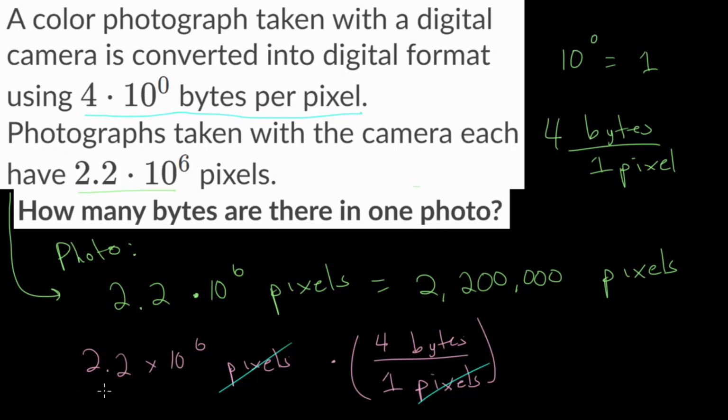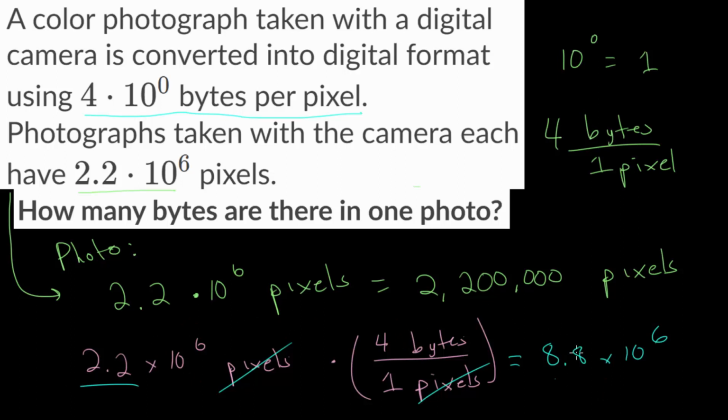Now, at this point, we just carry out our multiplication. We're really multiplying fractions, so if you want, you could put this all over 1. But we just multiply straight across. We do 2.2 million multiplied by 4, which would be 8.8 million, or 8.8 times 10 to the 6th. We just multiply the coefficients in both cases for our scientific notation and then deal with the exponent at the end.